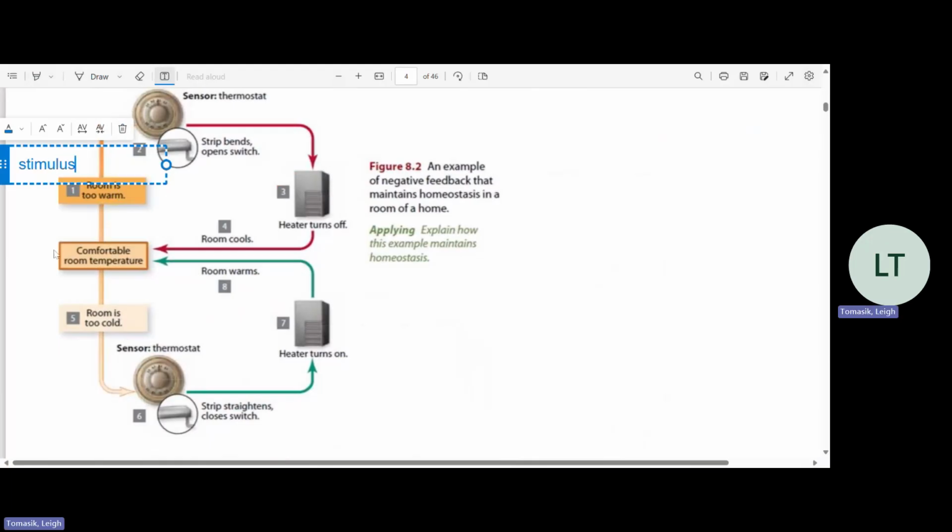A stimulus is something on the outside of your body in your environment that causes your body to react, right? In this case, your house is going to react, not your body. But this is still called a stimulus. Okay. Then you have something that will sense this change. In this case, it is your thermostat that will sense that your house is no longer the correct temperature.